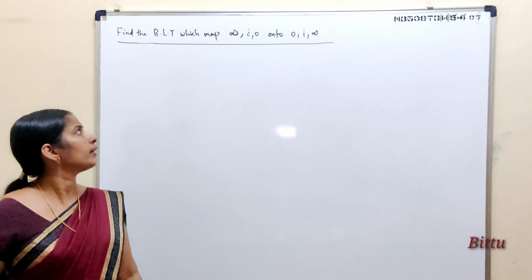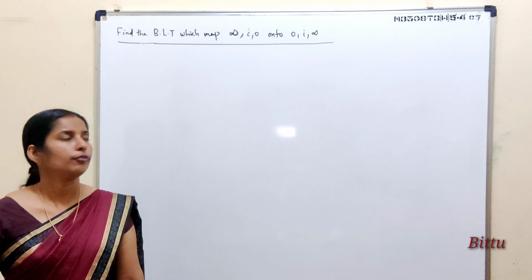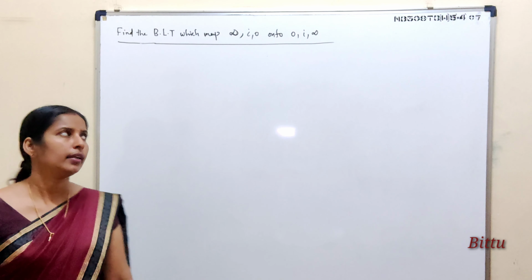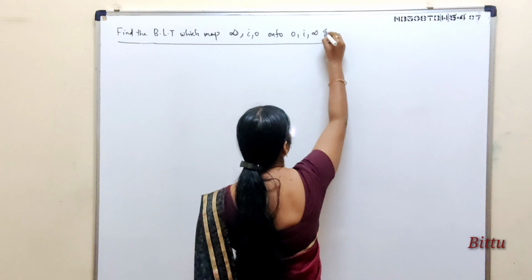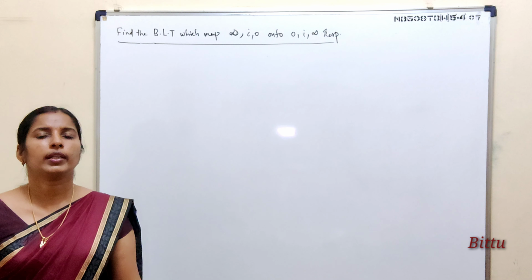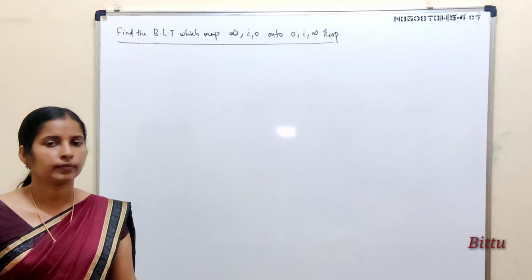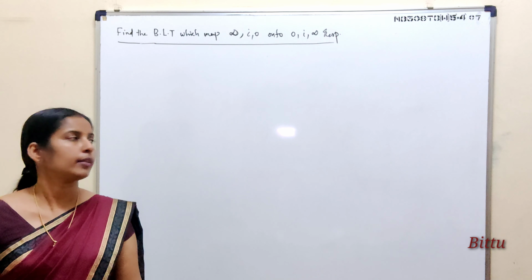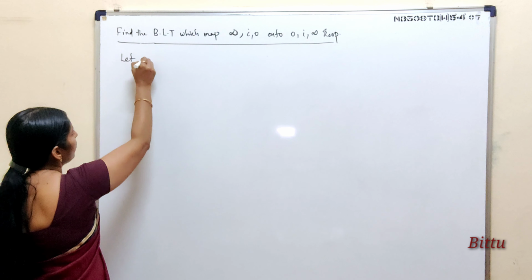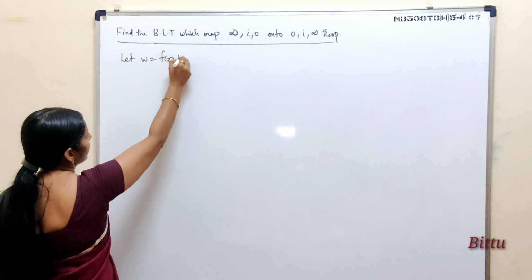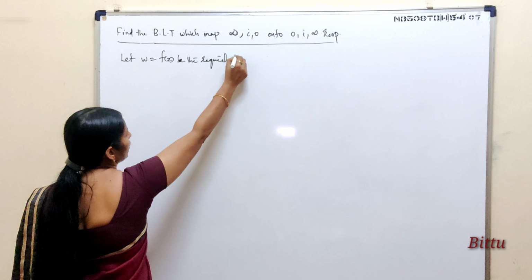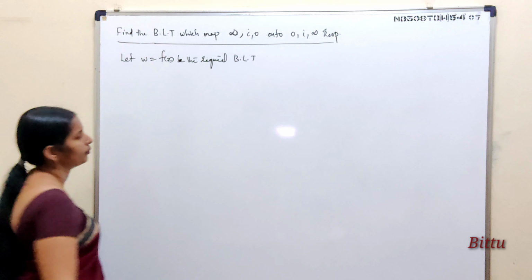Let me find the bilinear transformation which maps infinity, i, 0 onto 0, i, infinity respectively. See, detailed explanation is given in the previous video. Without much explanation, let me start. Let omega equal to f(z) be the required bilinear transformation.